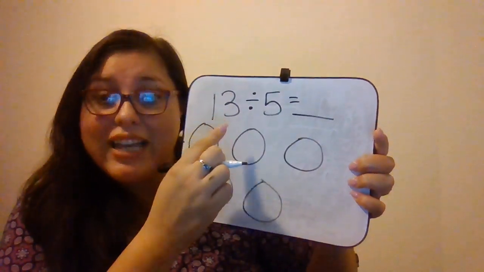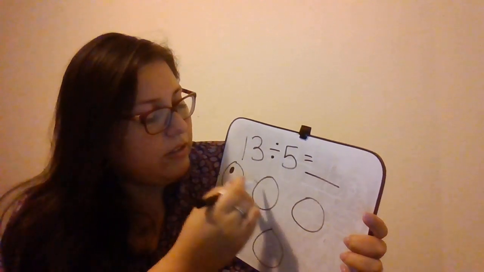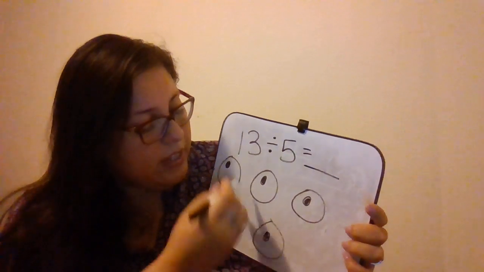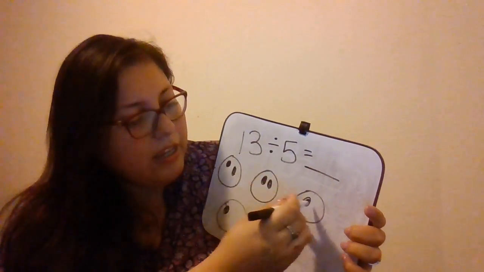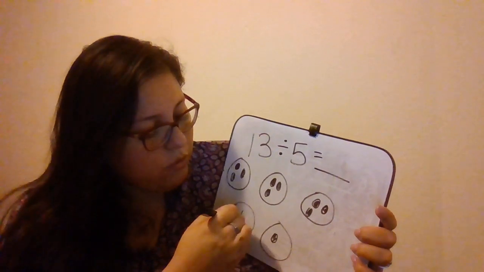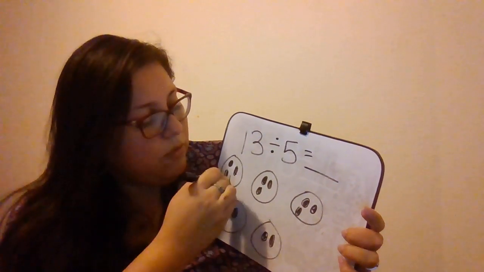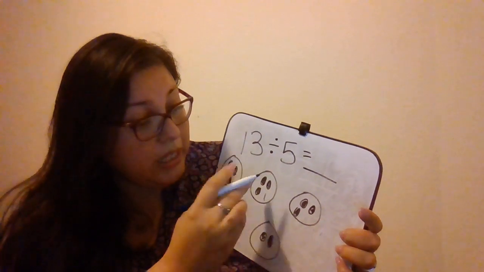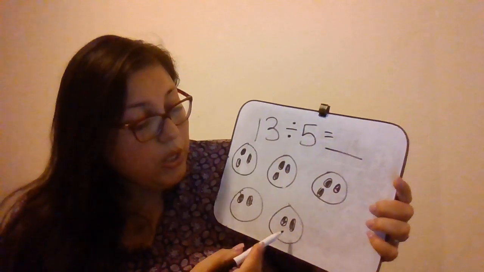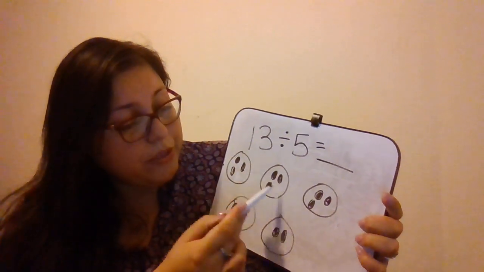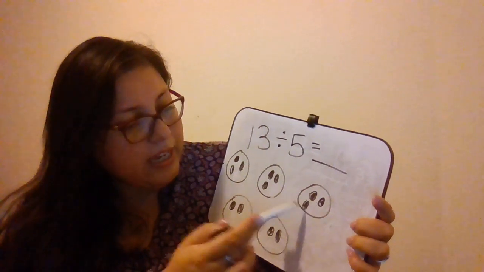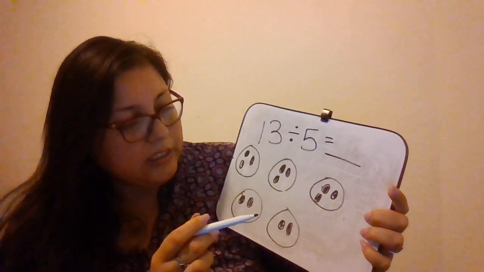And we have 13 counters. 1, 2, 3, 4, 5, 6, 7, 8, 9, 10, 11, 12, 13, 14. Whoopsie! Nope, not 14. We have 5 groups and 13 counters.